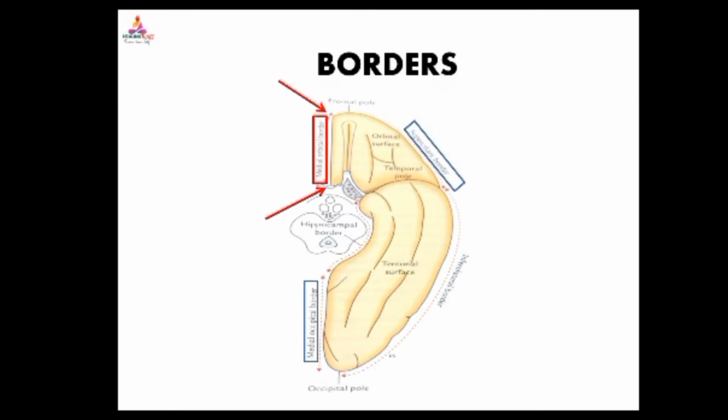Next is the medial orbital border. It separates the medial surface from the orbital surface. Next is the medial occipital border. It separates the medial surface from the tentorial surface.